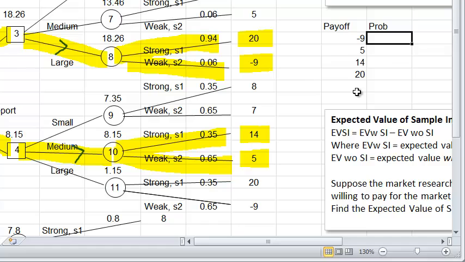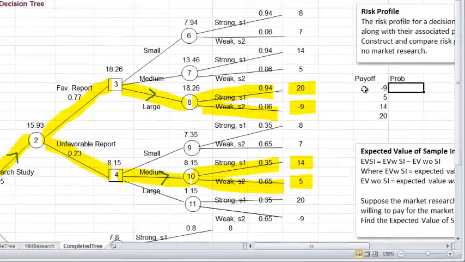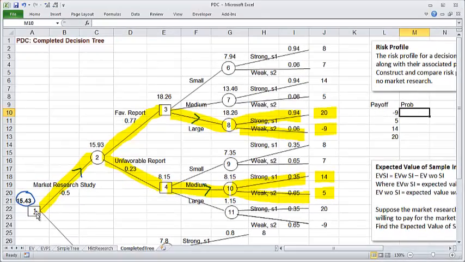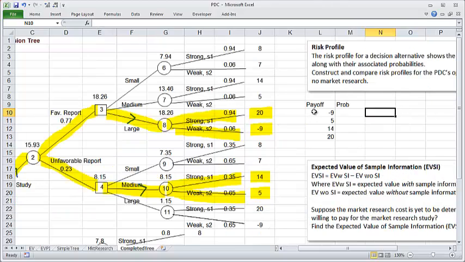Now, what are the probabilities associated with these payoffs? Well, let's see. To get to -9, starting at node 1, we have to go this way, and this way, and this way. So to get to the payoff of -9, two things must have occurred: a favorable report and a weak demand.